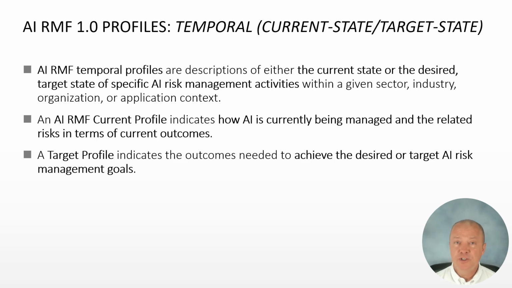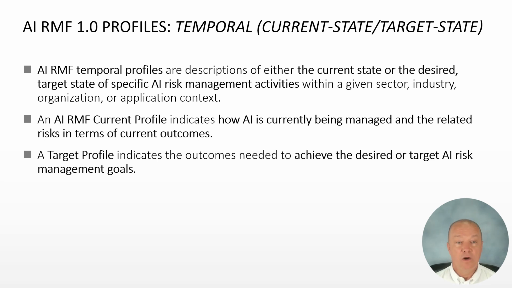Now, NIST publishes several different flavors of AI RMF profiles. The first being temporal. These are current state or desired state, target state profiles. They are descriptions of either the current state or desired target state of specific AI risk management activities within a given sector, industry, organization, or application context.